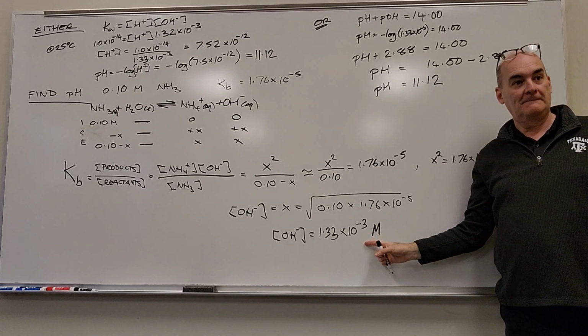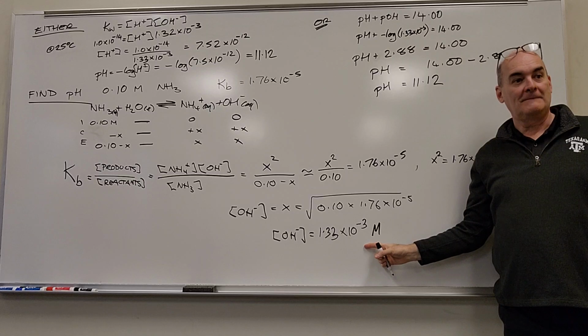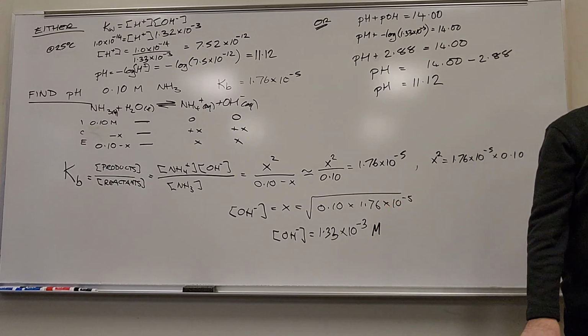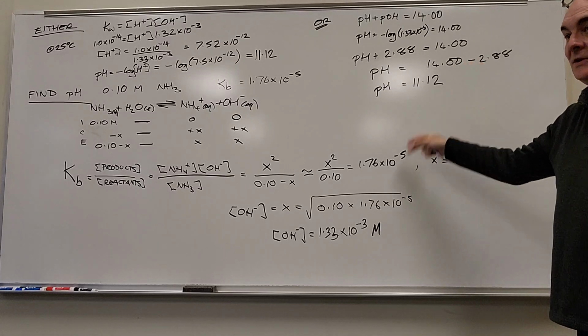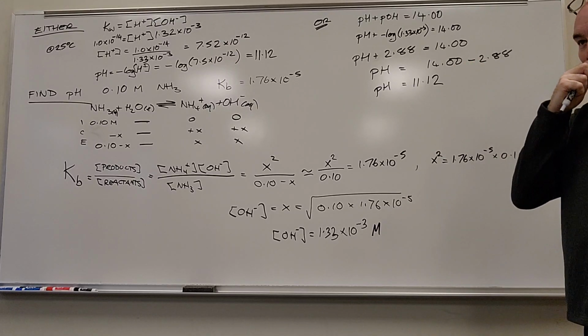I just put the negative log of 1.33. So you've got to put the exponent. Okay. In principle, it's all the same.